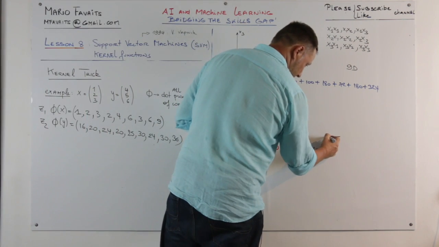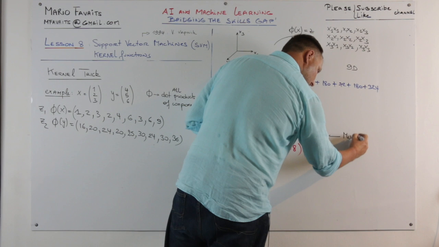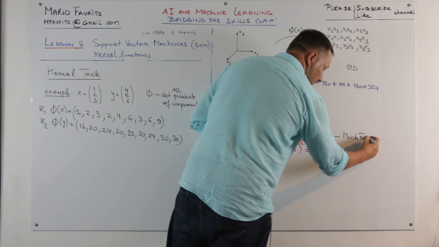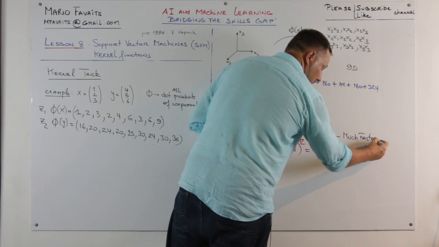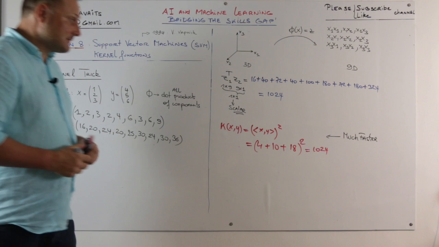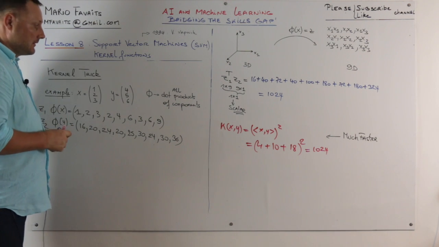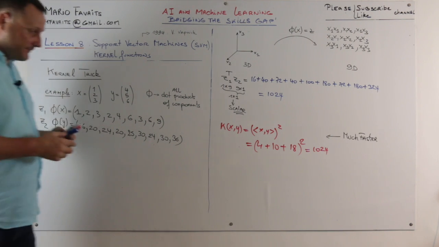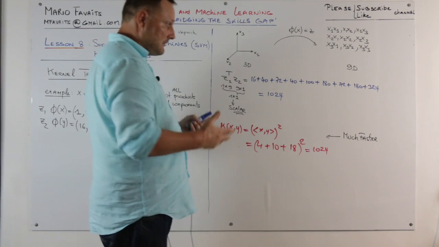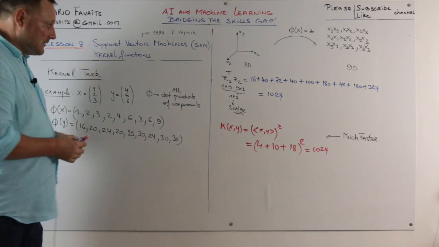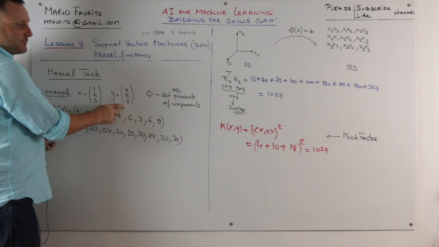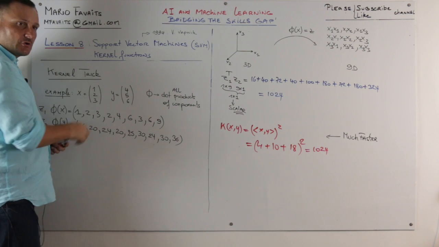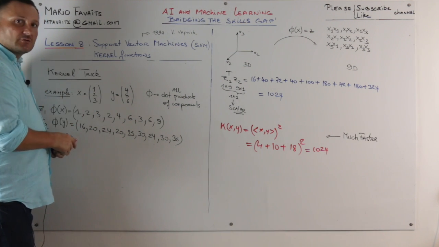So this one here is much faster, and you save all the work of making all these transformations. You don't care what phi is. Phi can be anything. Just give me the beginning situation and give me the kernel, and I'll give you the outcome.